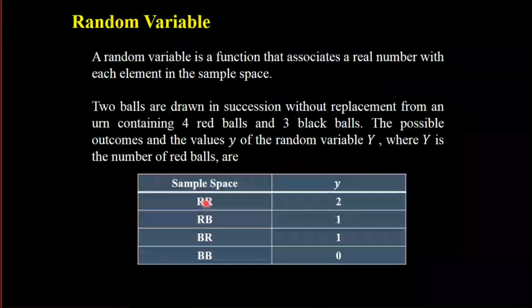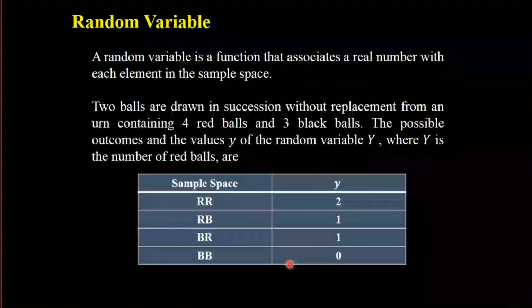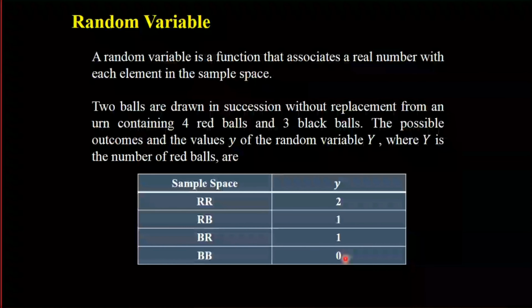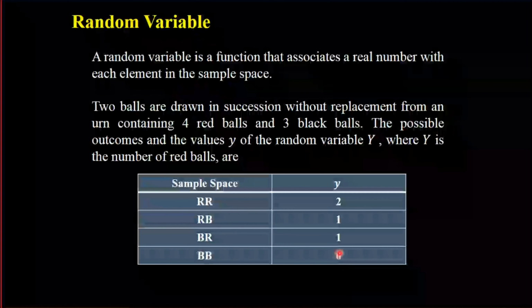If 2 red balls are coming, we are assigning the real number 2. Similarly, if two blacks are coming, how many red are there? No red. So that's why the random variable is a function from the sample space X to the real numbers R, yes or no? X is the sample space, so from the sample space to the real number R, what R do we have to assign? 0. Is it clear? Yes, sir, clear.